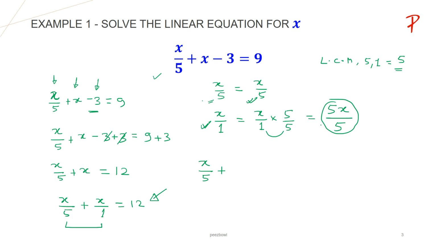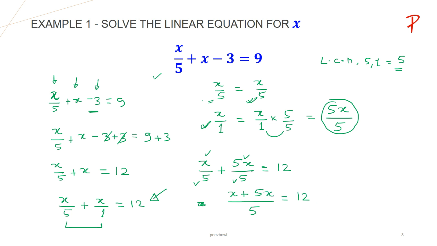This is what we have seen now: 5x upon 5 is equal to 12. Okay, now this is very simple to add. At the denominator's place we have 5 because we have a common denominator. So at the denominator's place we will write 5, and for the numerator's place I will write x plus 5x, and this is equal to 12.